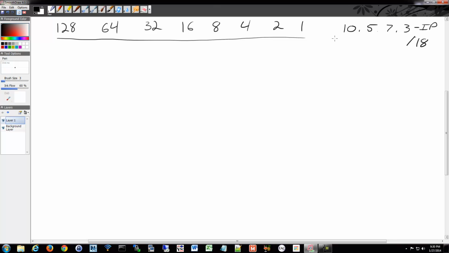So that's going to be 1, 2, 3, 4, 5, 6, 7, 8, 9, 10, 11, 12, 13, 14, 15, 16, 17, 18. So we're going to be working within this third octet, okay? So let's now take this octet, and that's what we're going to be working on over here. Let's write out these bits.